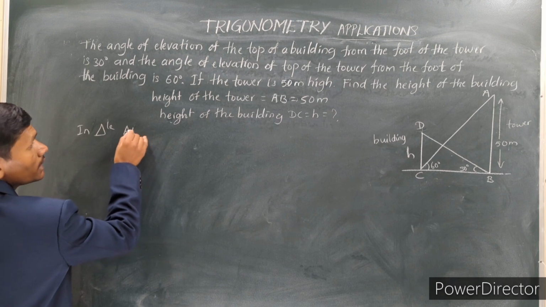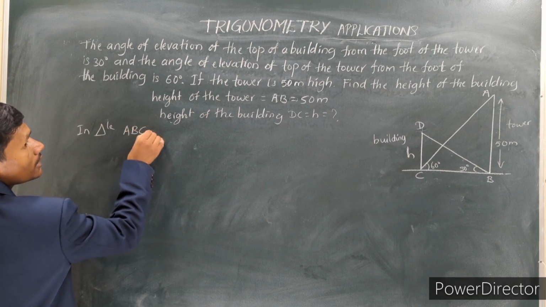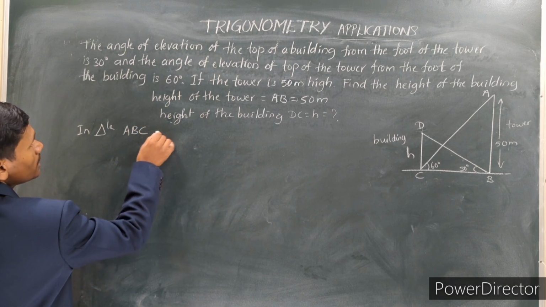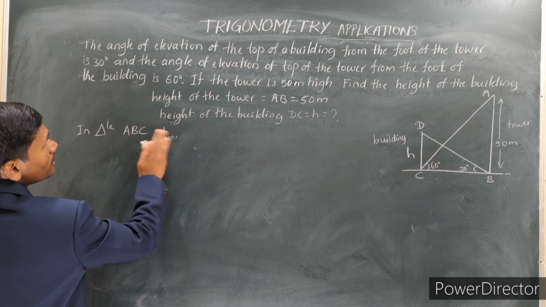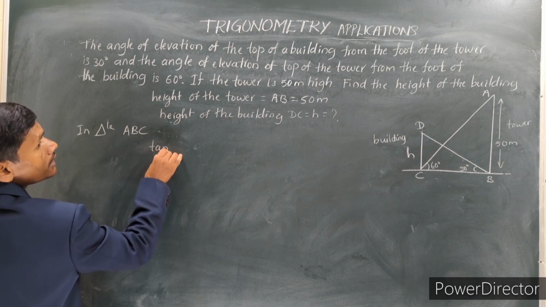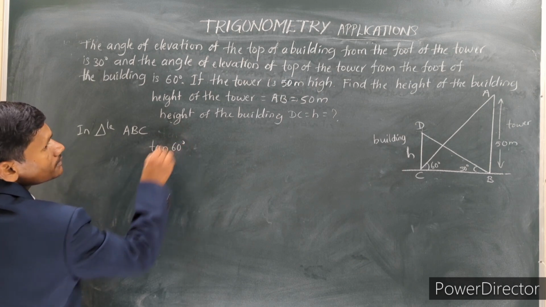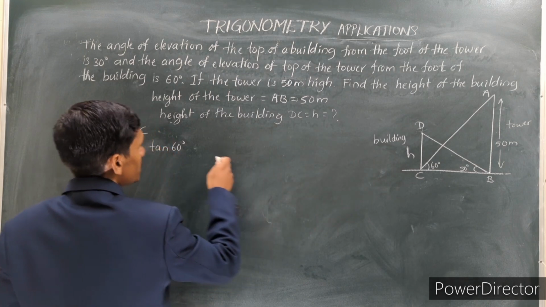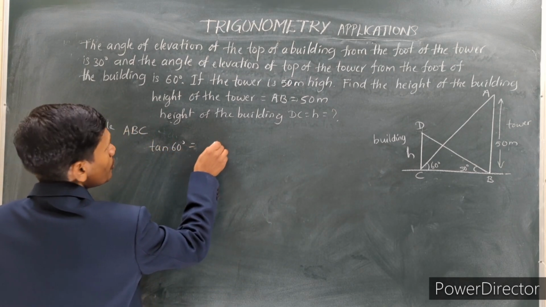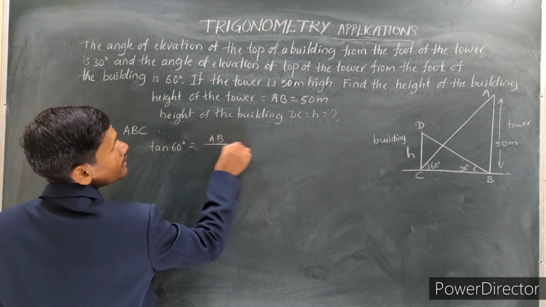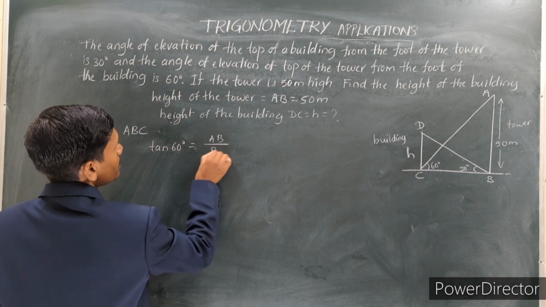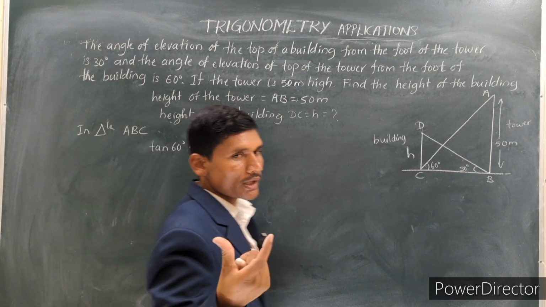See, in triangle ABC, here I will take tan 60 degrees. In triangle ABC, tan 60 you take. That is opposite, that is AB. Adjacent is BC.